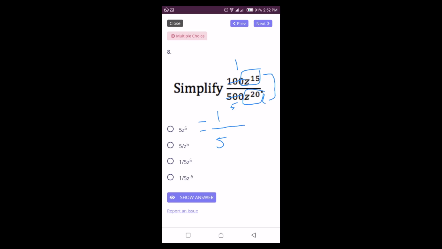I am writing 1 as it is, but now in the denominator, z20 minus 15. So the answer which is left is 1 over 5 z raised to the power 5. Can I see this answer somewhere? Yes, this one.